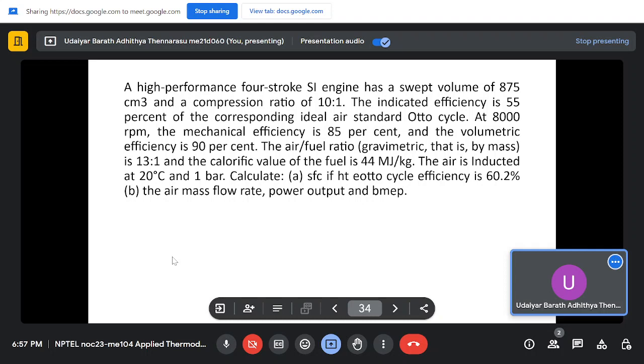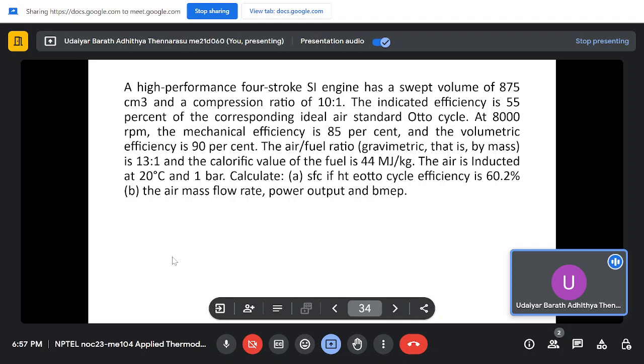And they say at 8000 rpm the mechanical efficiency is 85% and the volumetric efficiency is 90%. The air fuel ratio, that is by mass, is 13:1 and the calorific value of the fuel is 44 megajoule per kg. So a lot of detail has been given. It's been operating at 4-stroke. The swept volume is 875 centimeter cube.